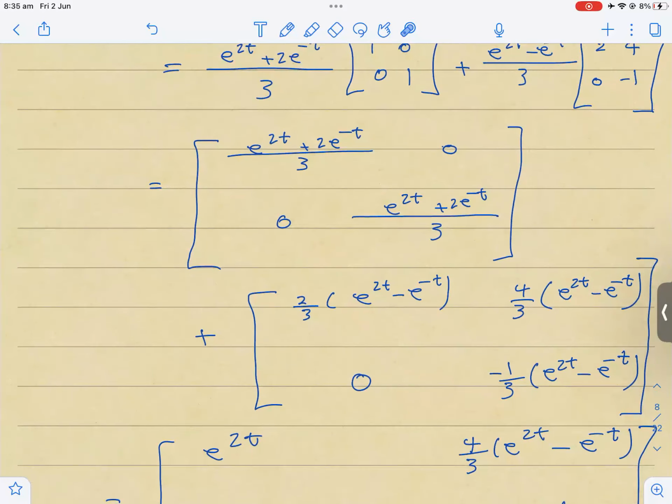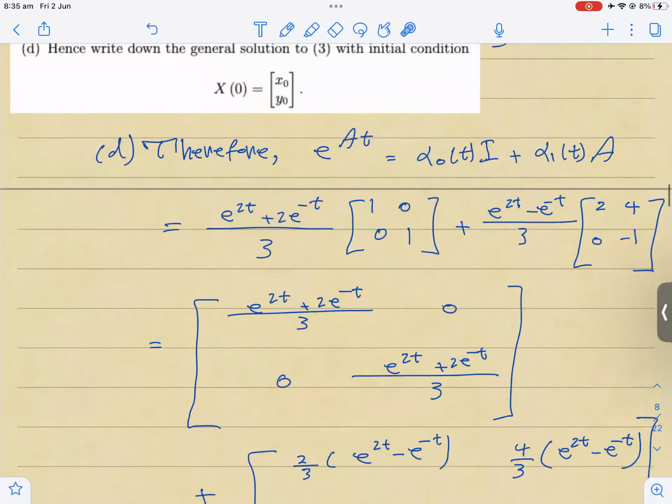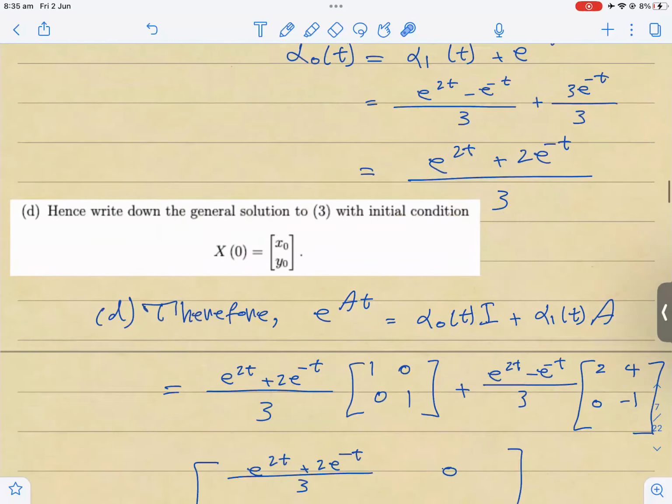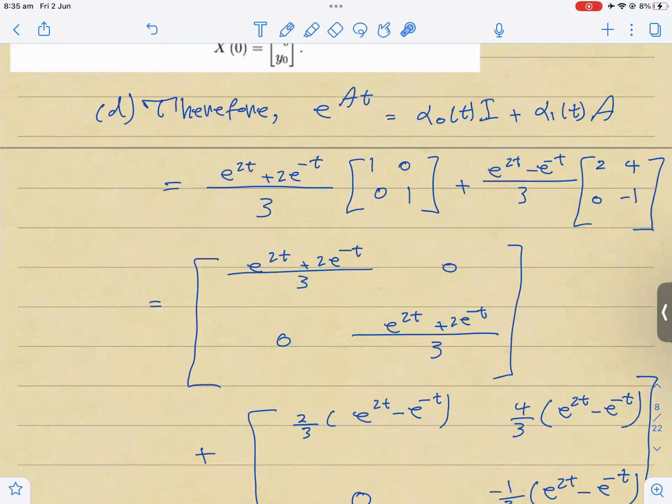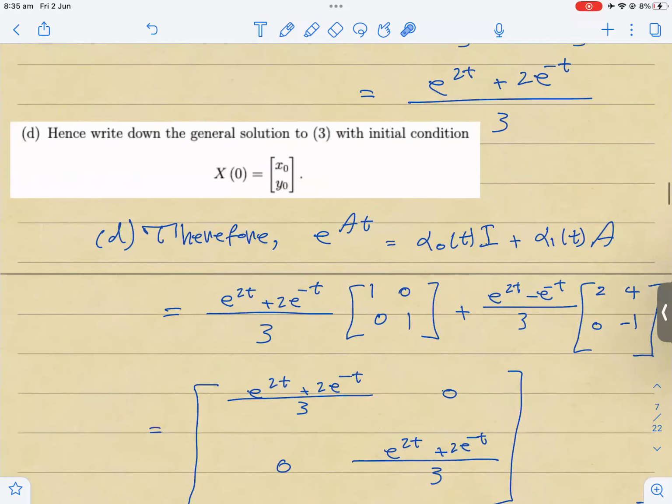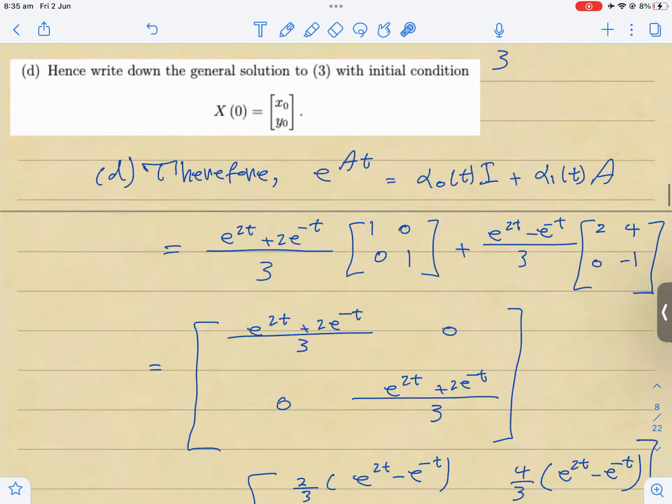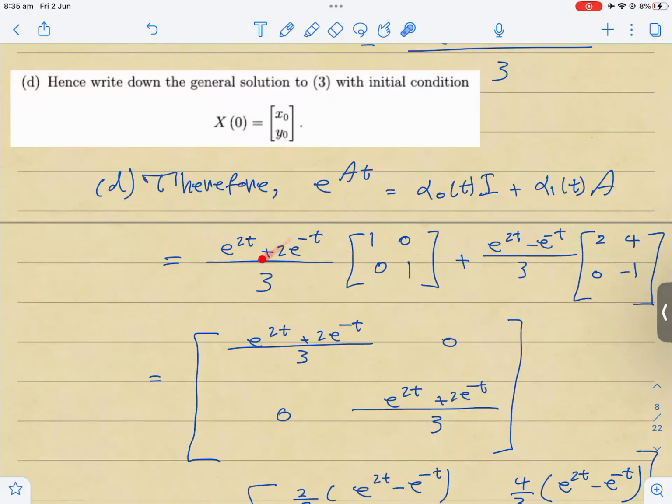In one dimension, if x prime equals 2x, then the answer is x equals a constant times e to the 2t. Then we have that constant there. Now e to the At is like this.